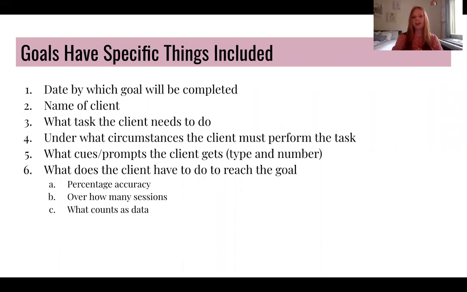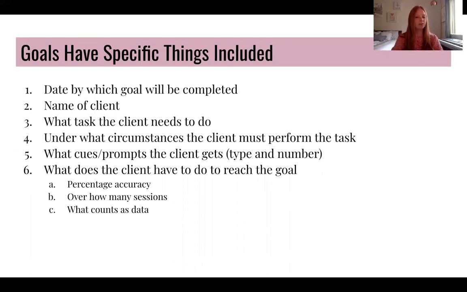The fourth one is under what circumstances must the client perform the task. The fifth one is what cues and prompts does the client get? That includes both the type and number. And the sixth one is what does the client have to do in order to reach the goal? So that includes the percentage accuracy over how many sessions and what counts as data.